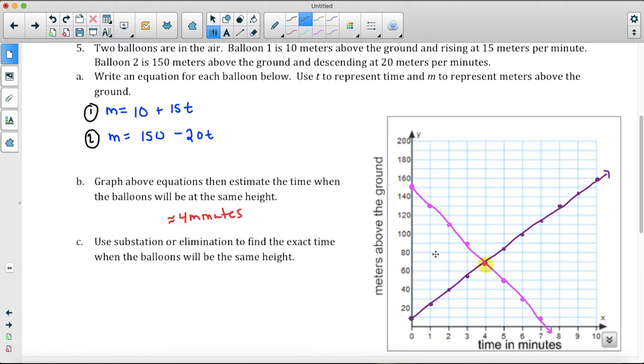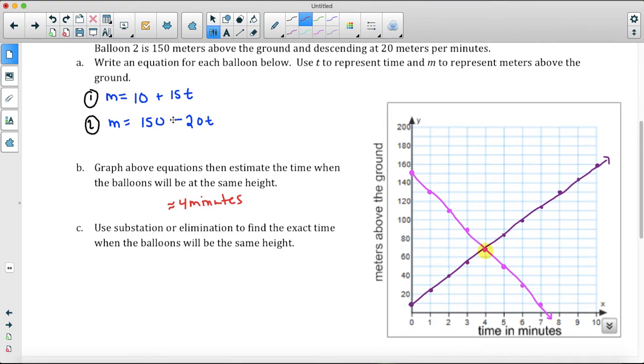Now, because we want to check it, we're going to use substitution to find the exact time when the balloons will be at the same height. So we have these two equations: M equals 10 plus 15t, and M equals 150 minus 20t.